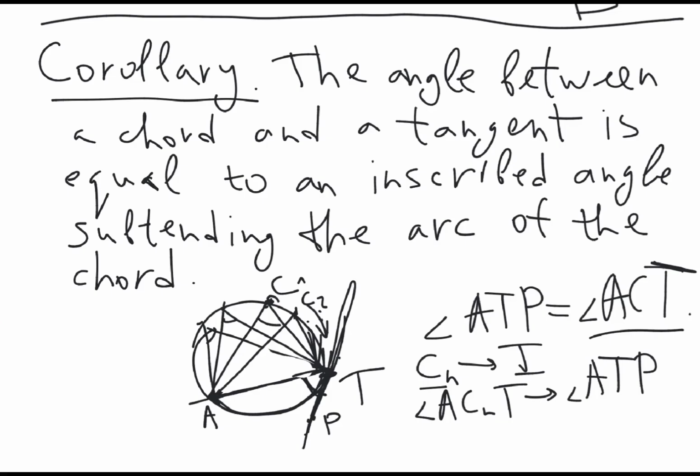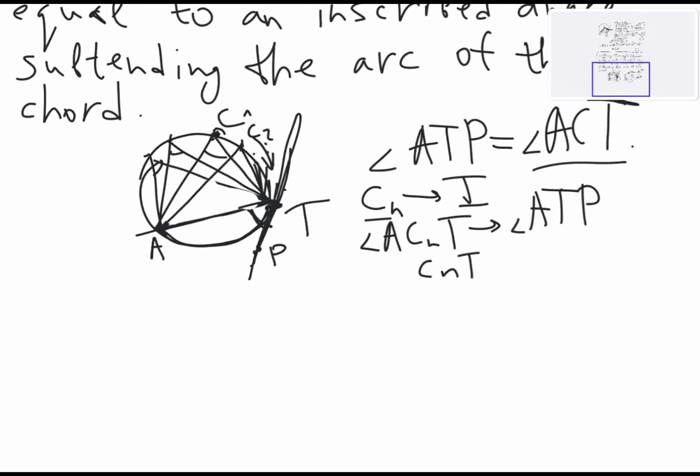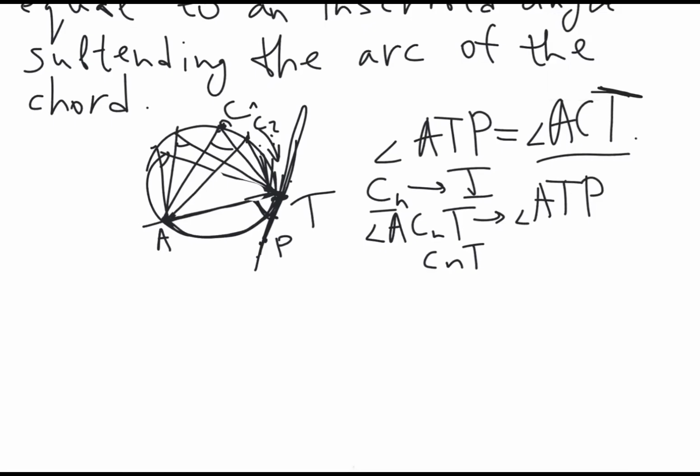But we can prove that the sequence of lines containing the chord CnT would tend to the line TP. The line containing this chord CnT would tend to the tangent TP.